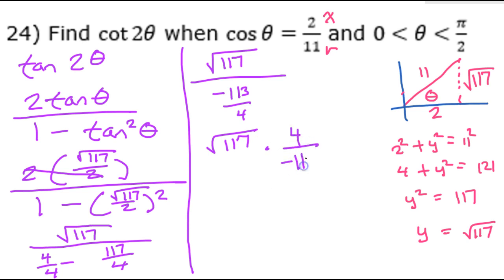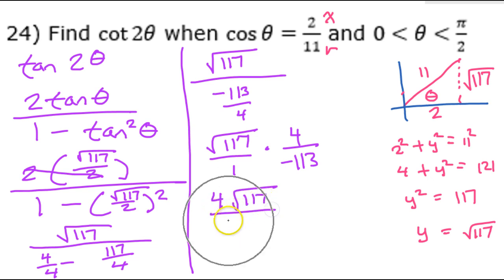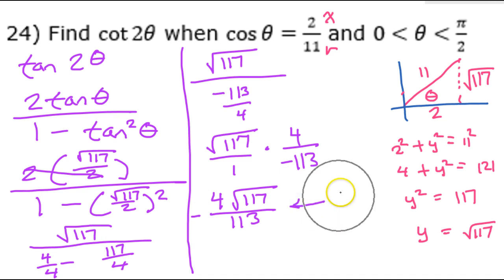negative 113. So this is going to make 4 radical 117 over 113, and I'm just going to keep that negative out front. So this is the tangent of 2 theta. I'll just squeeze this in over to the side, tangent 2 theta.